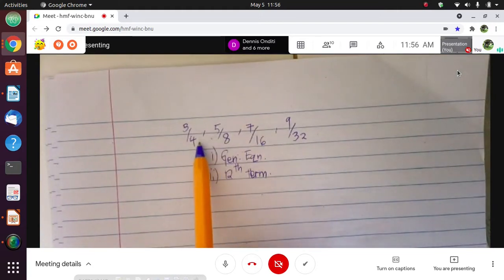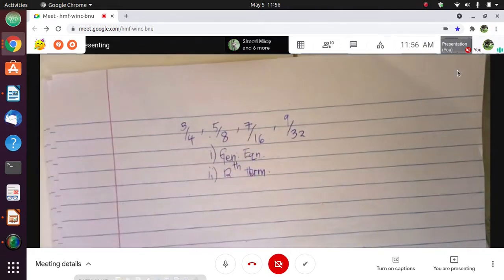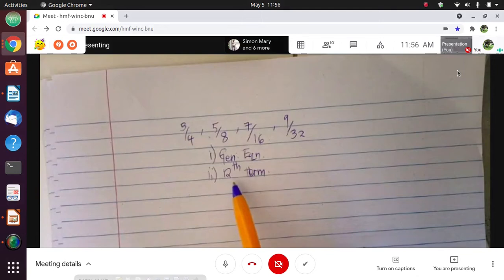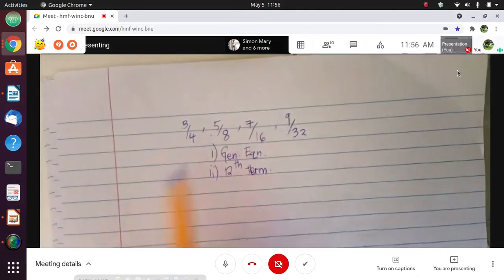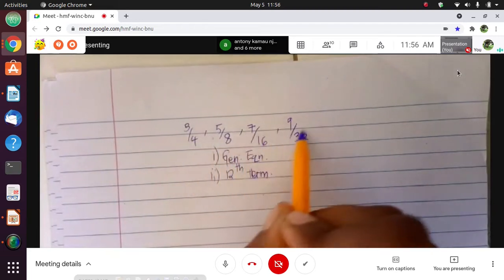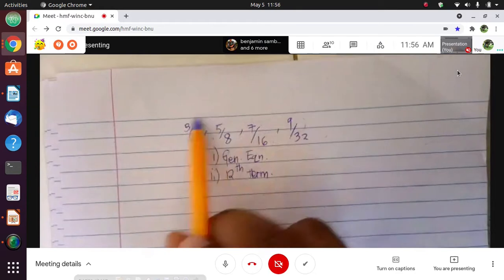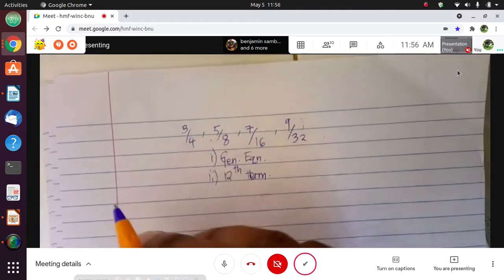Now, you have been given a fractional sequence and you have been told to find the general equation. You're told to find the 12th term of this sequence. For a fractional sequence, you separate the denominators and the numerators. You deal with them separately.